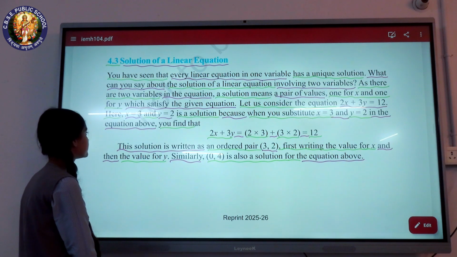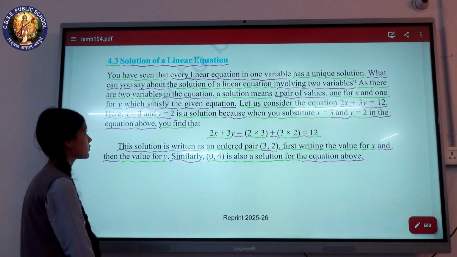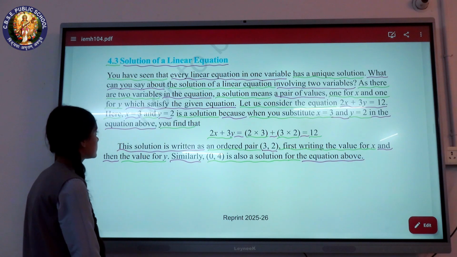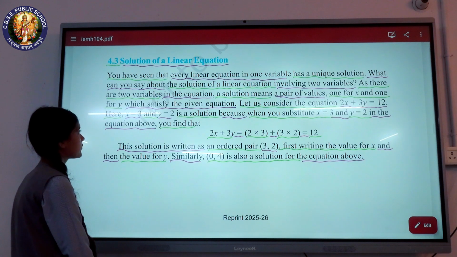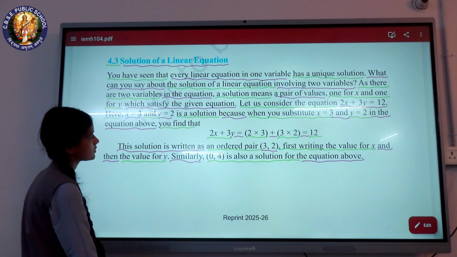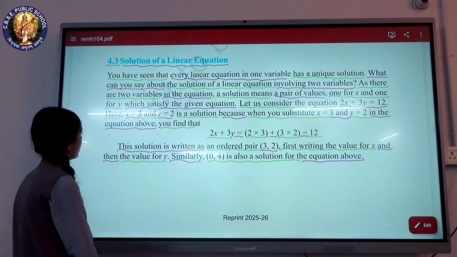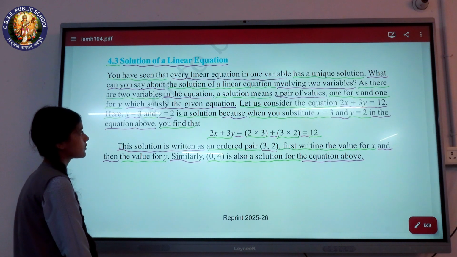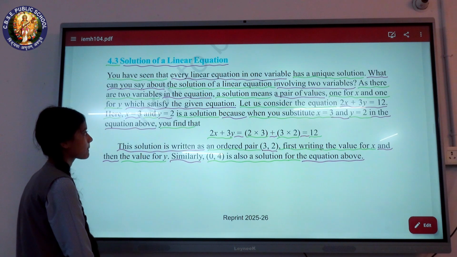4.3 Solution of a linear equation. You have seen that every linear equation in one variable has a unique solution. What can you say about the solution of a linear equation involving two variables?